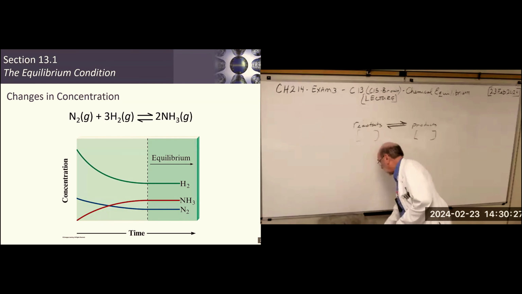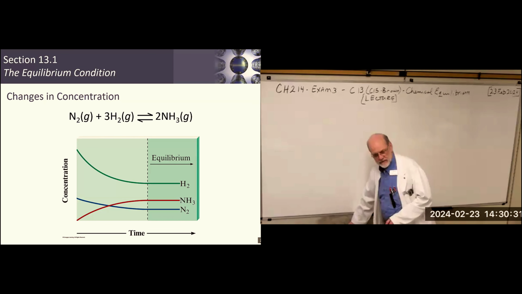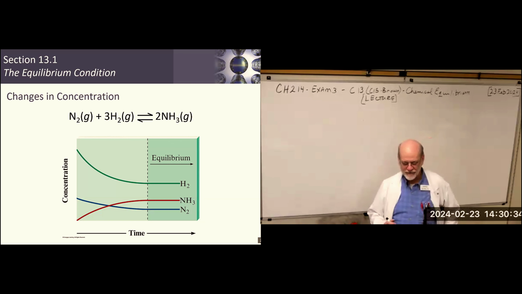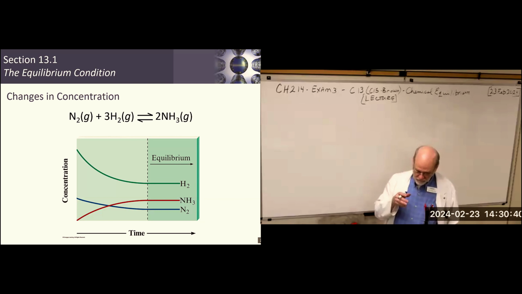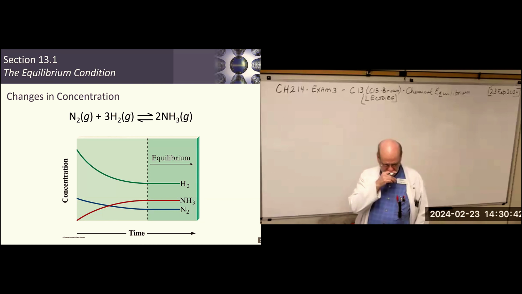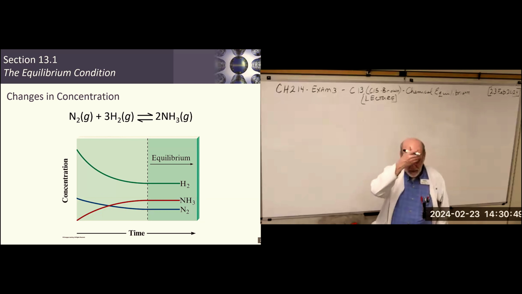For this example of a reaction, this is my favorite, the Haber-Bosch process, where you have nitrogen reacting with hydrogen to make ammonia. If you start out with nitrogen and hydrogen in their concentrations, you'll see that they have a certain amount on the scale, but there's no ammonia to begin with.